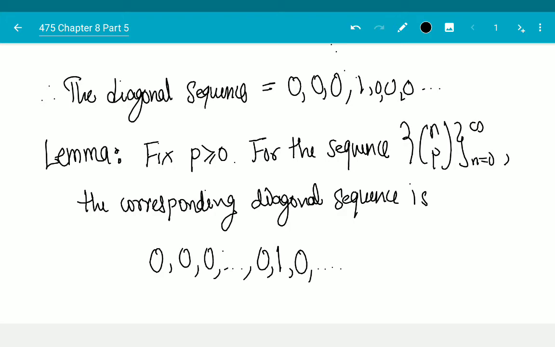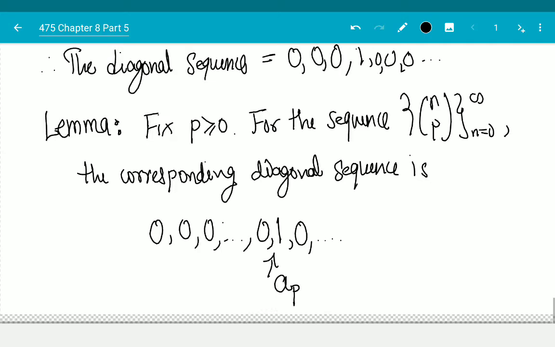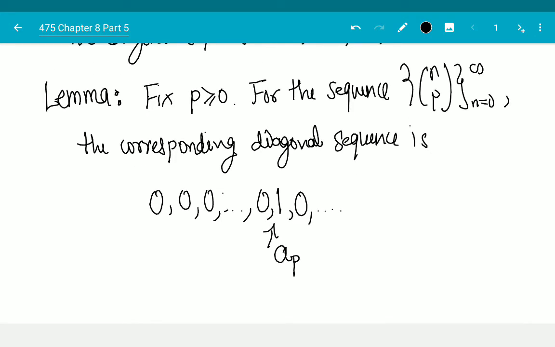Where this is the term, with the p-th place equal to 1, starting from index 0.